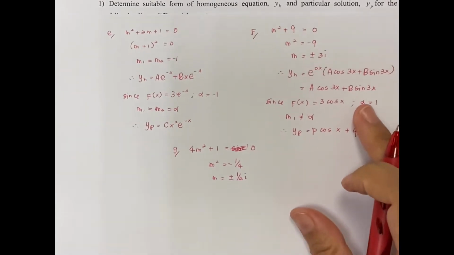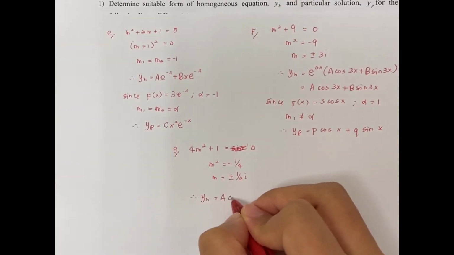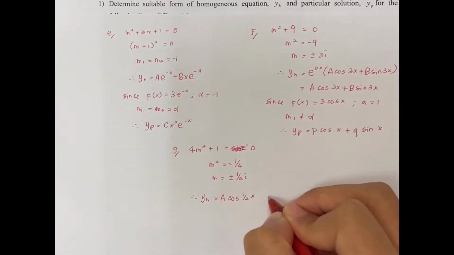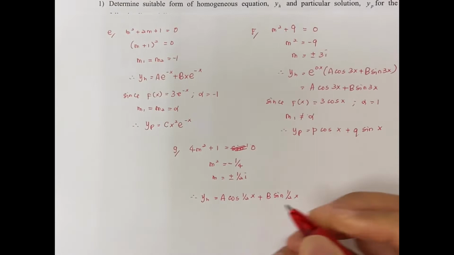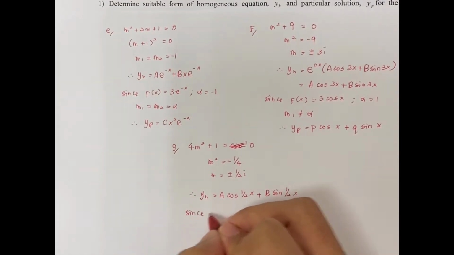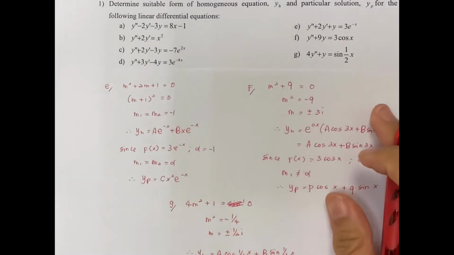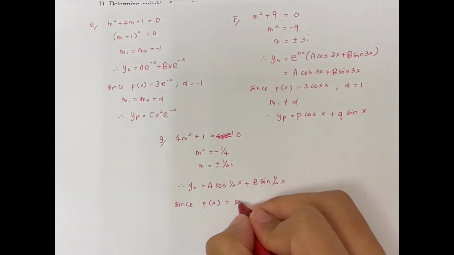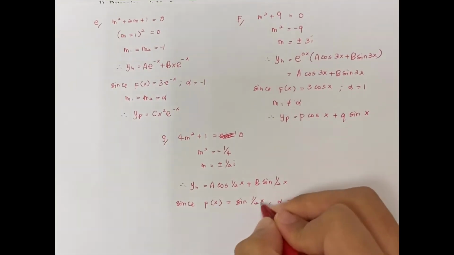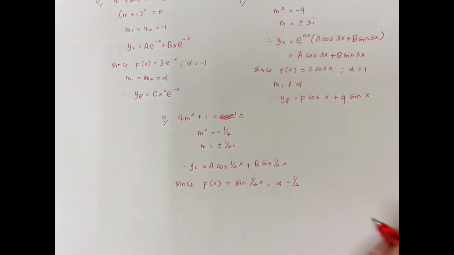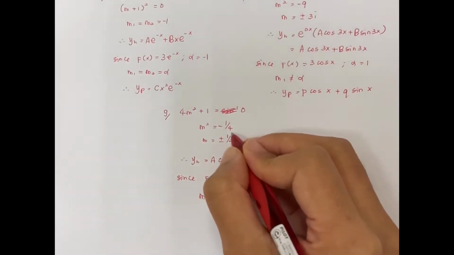This one, YH is equal to A cos half x plus B sin half x. What is your fx? Sin 1 over 2x, sin half x. The alpha is equal to half. And then your m is equal to your alpha.